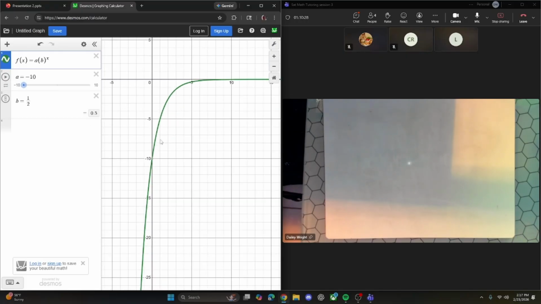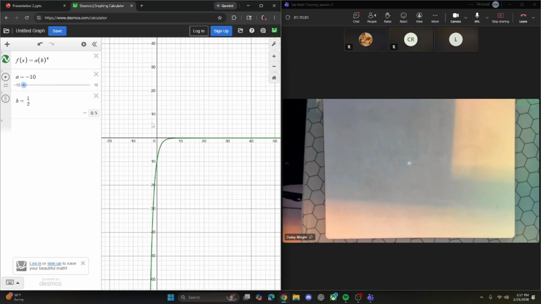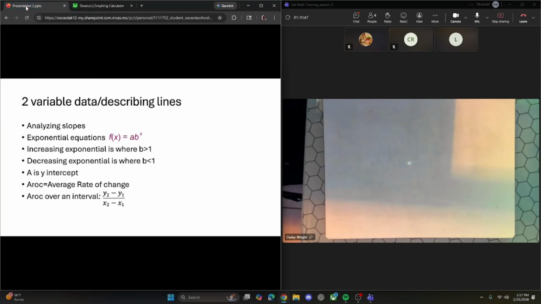It's just a decreasing exponential mirrored along the x-axis. That's what happens when you set a as negative. It's just going to be a mirrored version of what you have when a is positive.